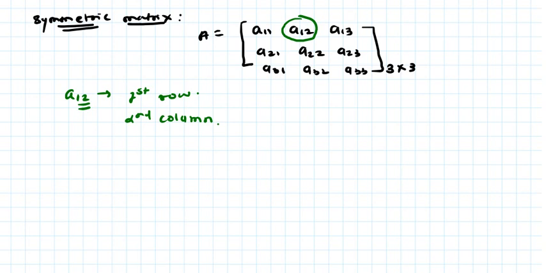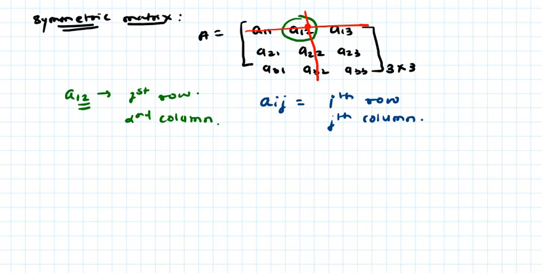Similarly, in general, Aij is the element which is present at the ith row and at the jth column. So basically Aij denotes the position of the element inside the matrix.